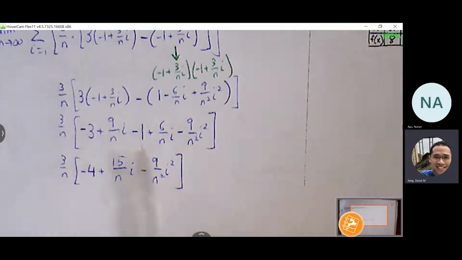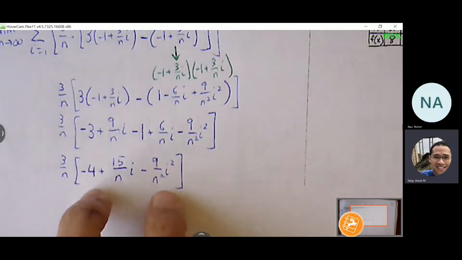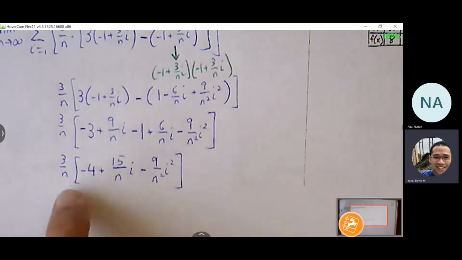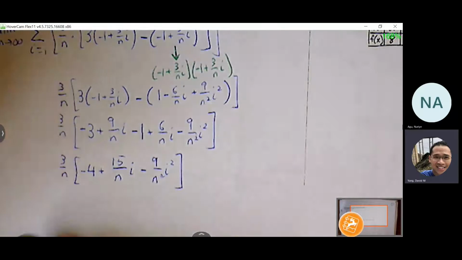Okay. So all this is the cleaned up version of the height component. We still want to multiply that width component through, right? So distribute the 3 over n through.